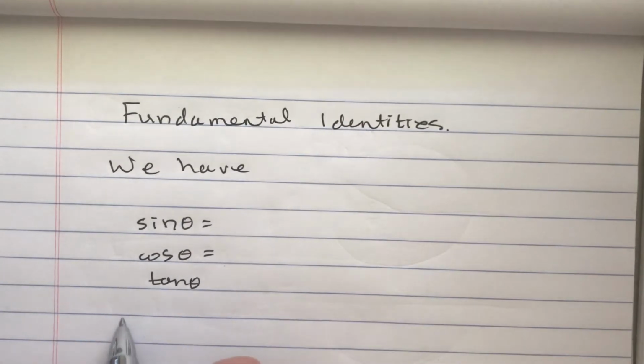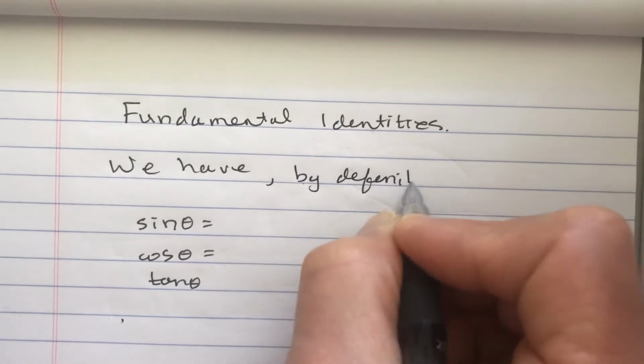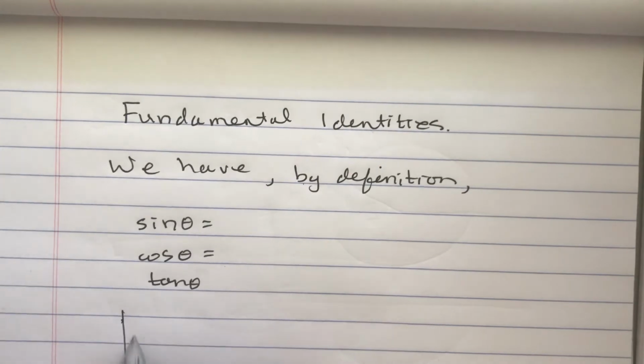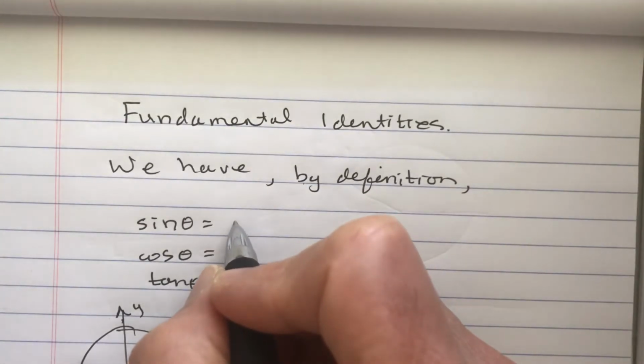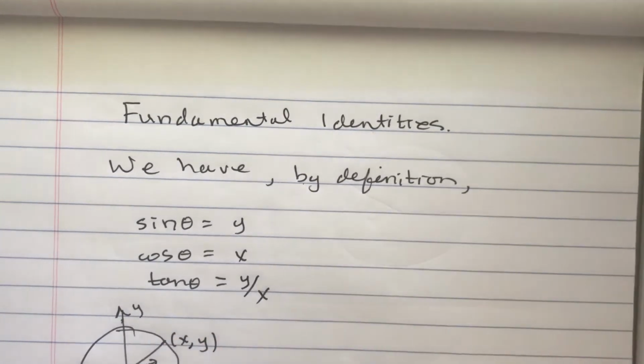So back to this, this is by definition. This is referring back to the unit circle. Sine theta is y, cosine theta is x, and tangent theta is y over x.